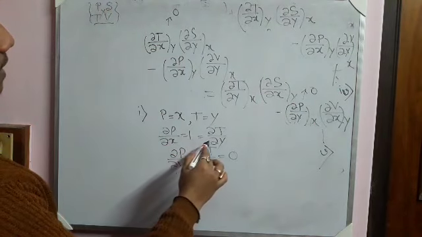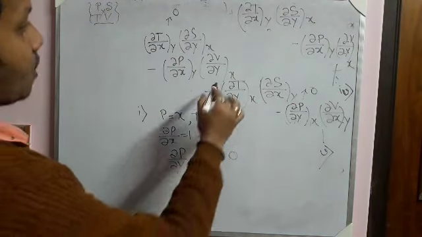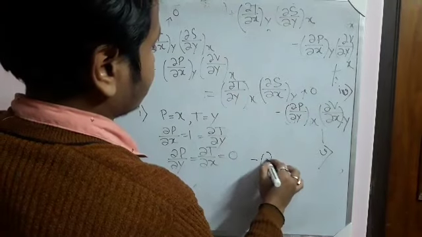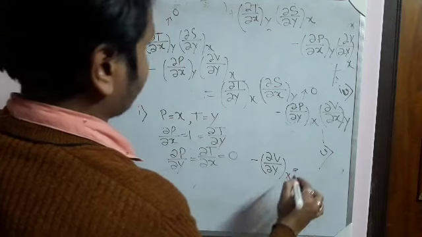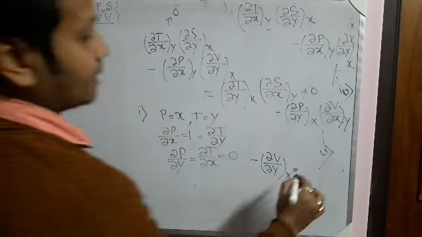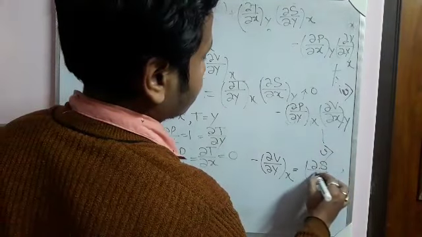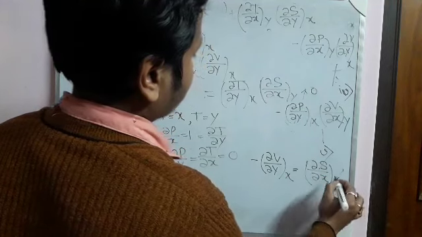So what will be my del P del X? This is 1, that means minus del V del Y at constant X. This we can write as del S del X at constant Y. So what do we get?